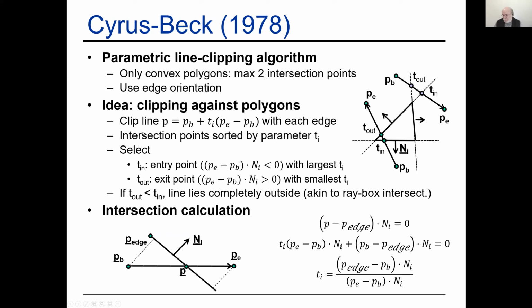So again, we will parameterize the line that we need to clip in this parametric form here, and then we will compute the intersection points, so we'll compute the parameters Ti here, and we will sort the parameters Ti with respect to whether at that Ti the line actually enters the polygon or whether it leaves that polygon.